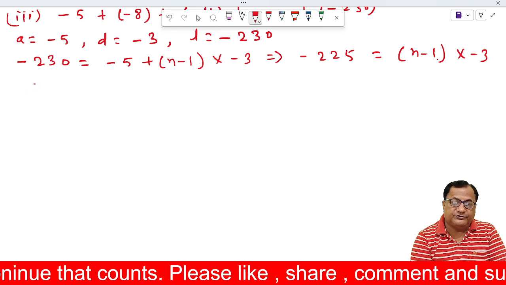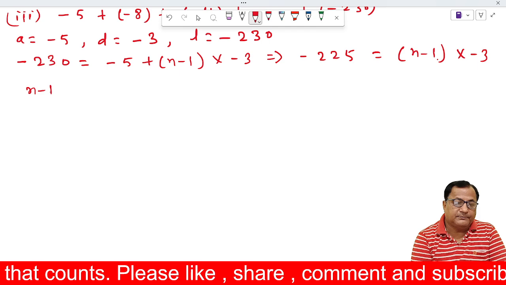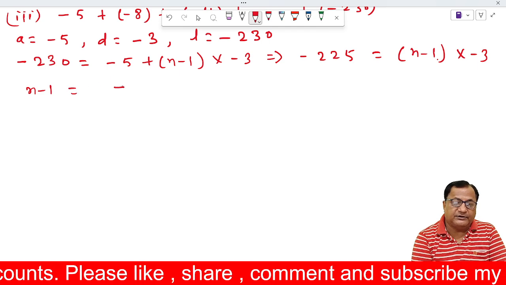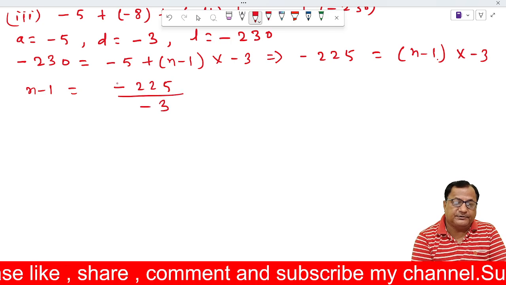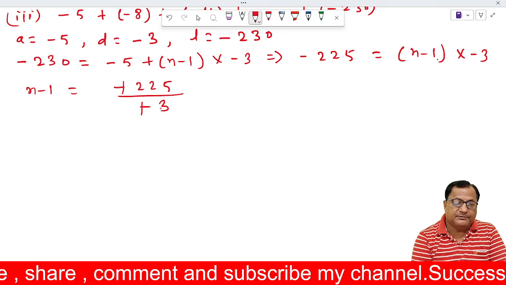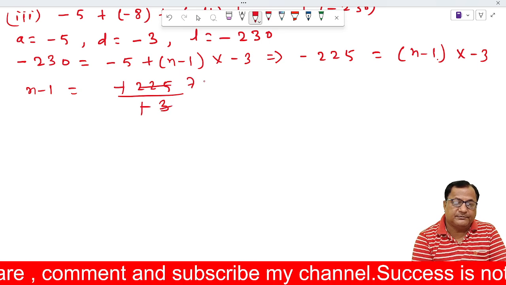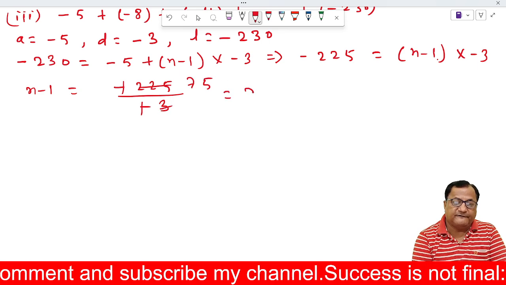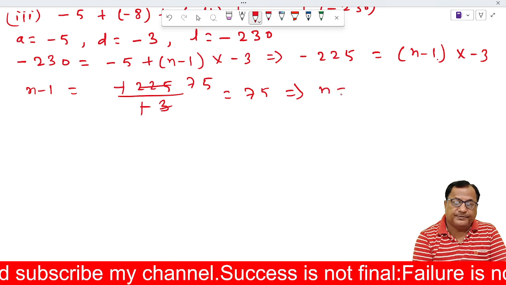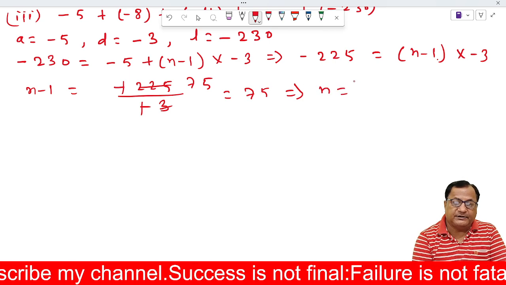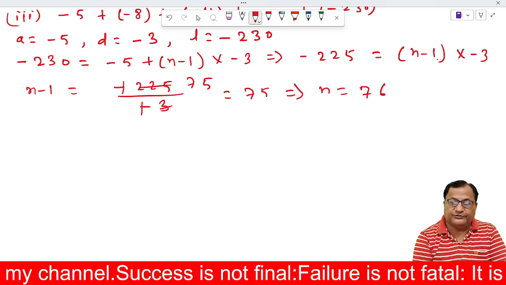So N minus 1 is equal to minus 225 by minus 3, which is 75. So N is equal to, then 1 will add here, so this will be 76.